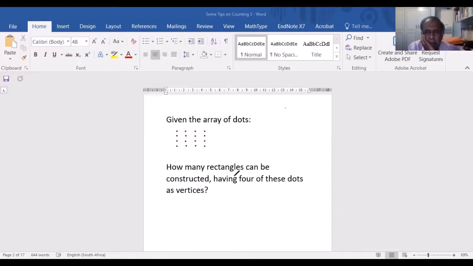Well, I think I'd better just put that down. Assume sides of such rectangles are horizontal or vertical. I'm not counting tilted rectangles.